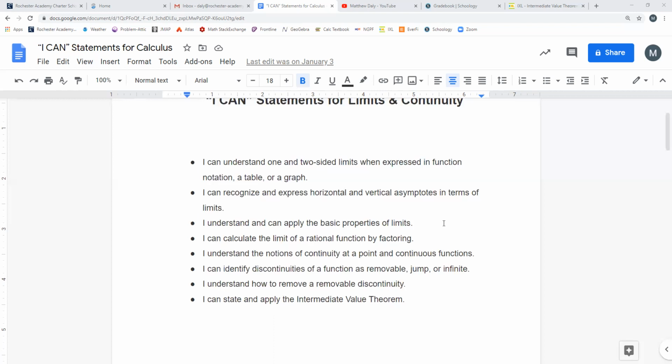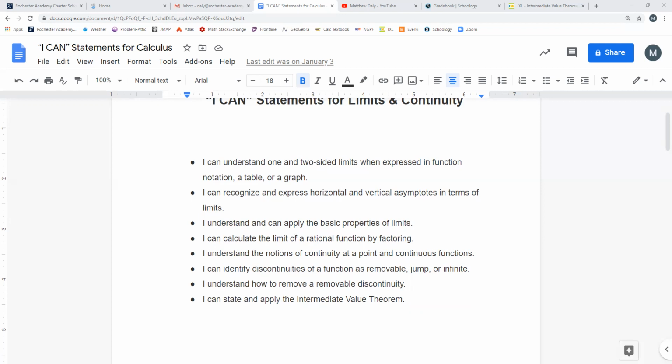That if you can substitute a number into an expression and get an answer out of it, then limits are well enough behaved that the limit of that function is going to equal whatever you got from evaluating that expression at the value that you were looking at. The other things we were looking at was as x was approaching 0, 1 over x was approaching infinity, and vice versa. 1 over infinity is an expression that is approaching 0.